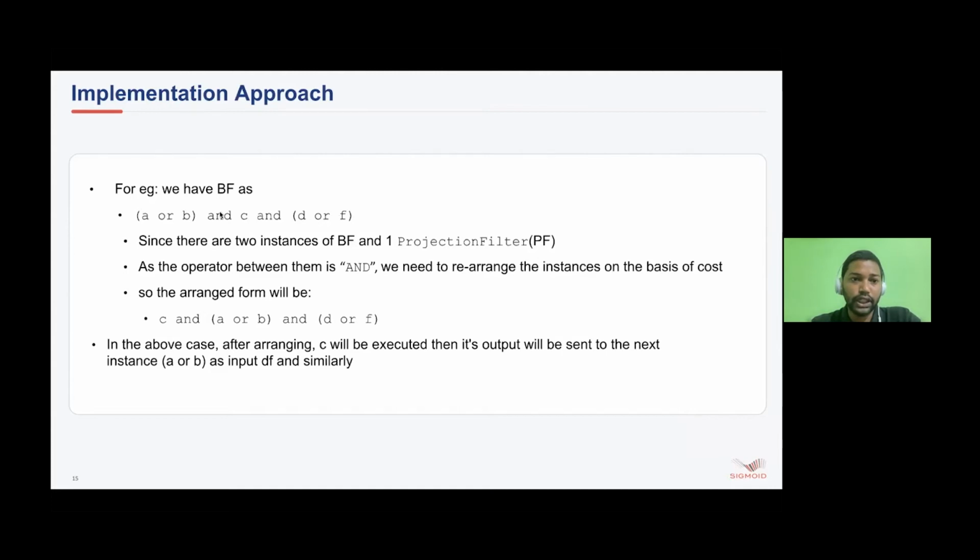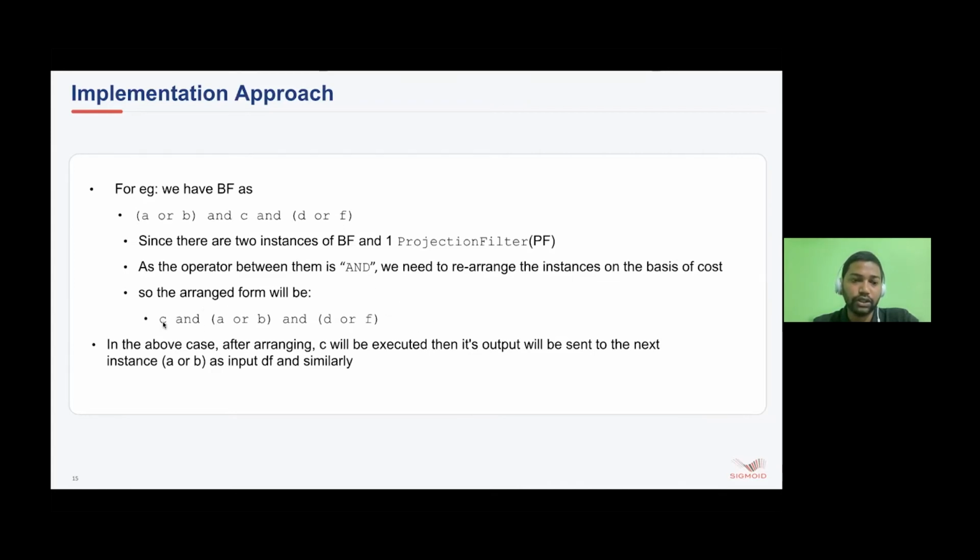So if we arrange it in some order, as the operator is AND here, the root operator, we can apply the filter on C before and then pass that as an input to A or B and D or F. So something like this. So we will arrange it according to cost.